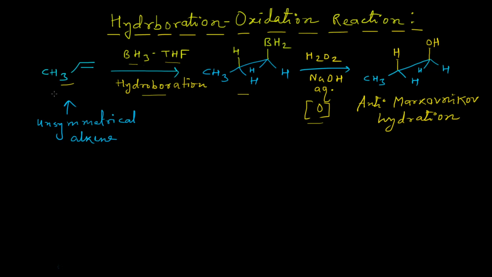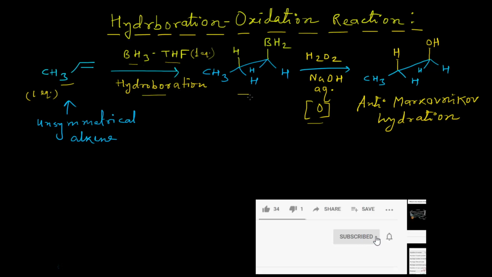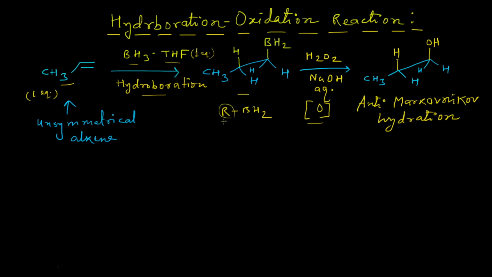If we choose this alkene in 1 equivalent and we take the boron also in 1 equivalent, then the product will be a monoalkyl boron. I am representing this whole group as R, so you will be able to understand this.